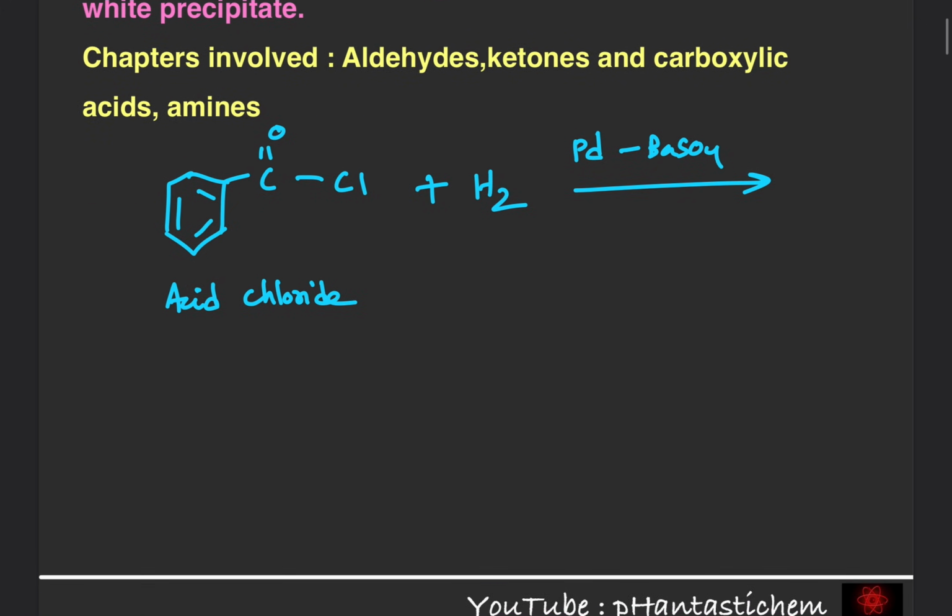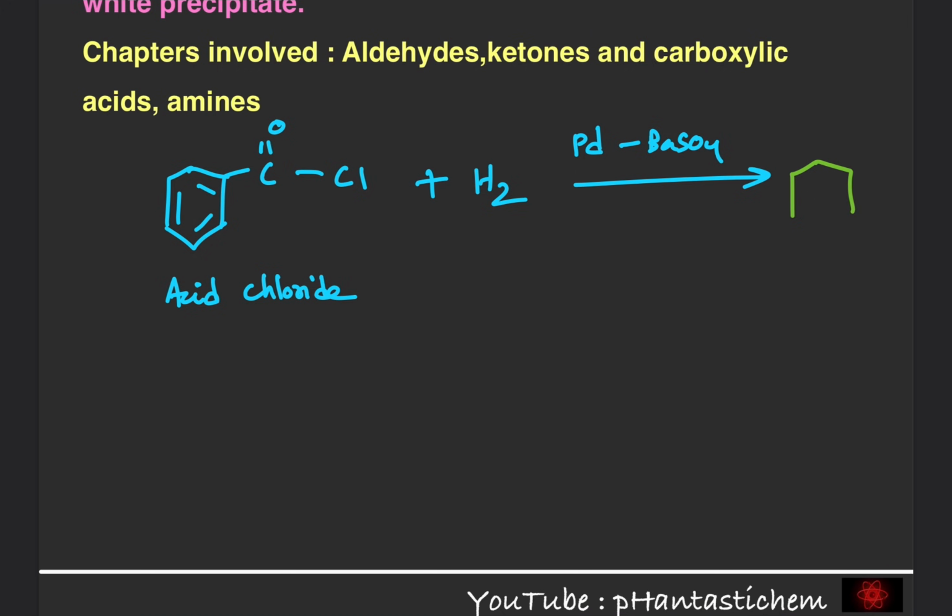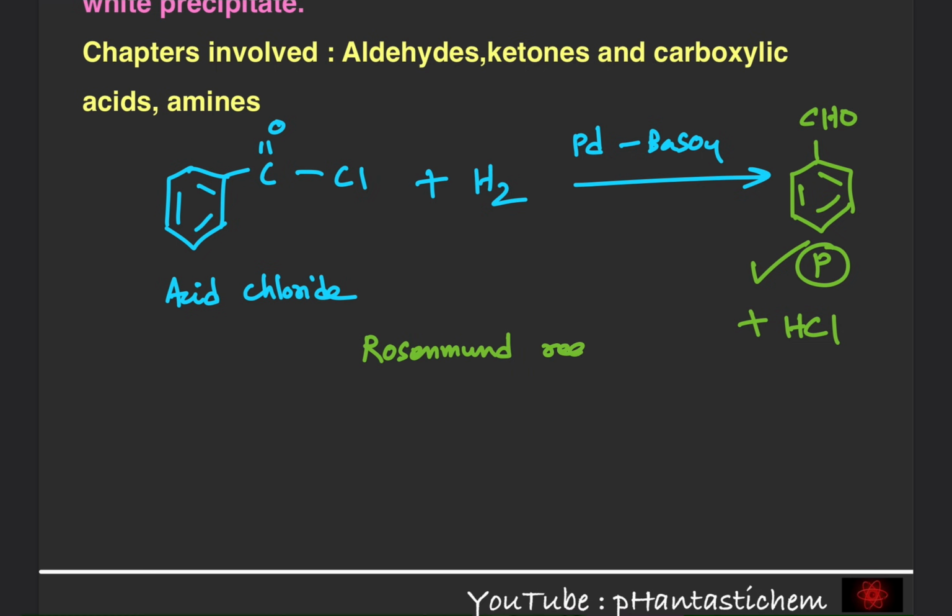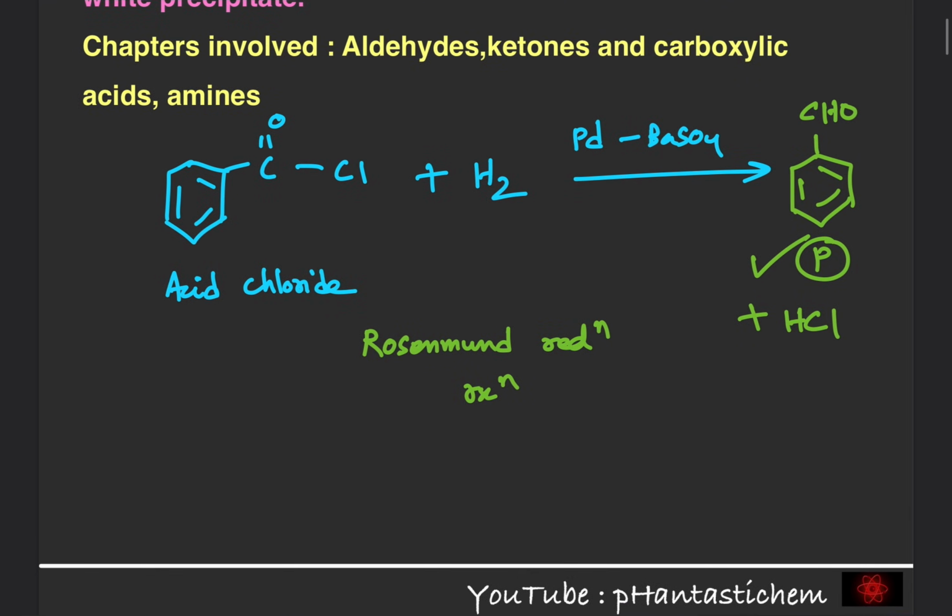We get benzaldehyde, which is our P in this question, plus HCl. Okay, so therefore we obtain P, and this is the famous Rosenmund reduction reaction. So therefore 1 is a correct statement.